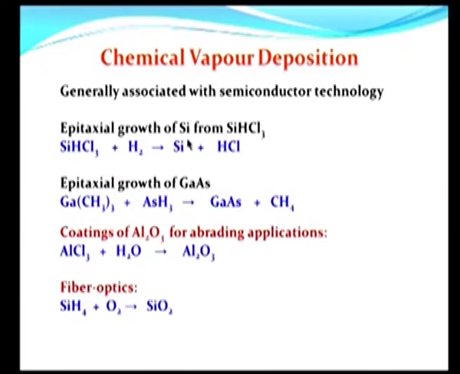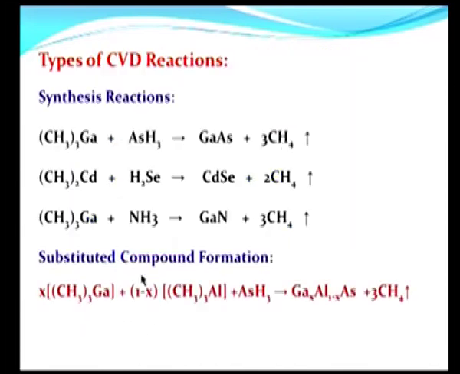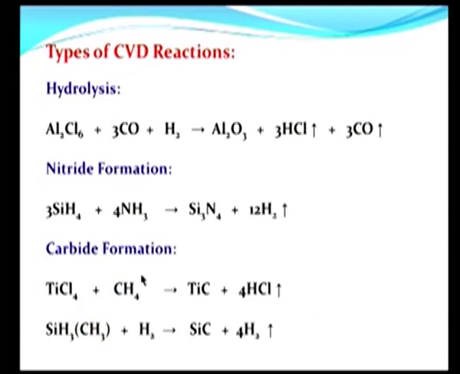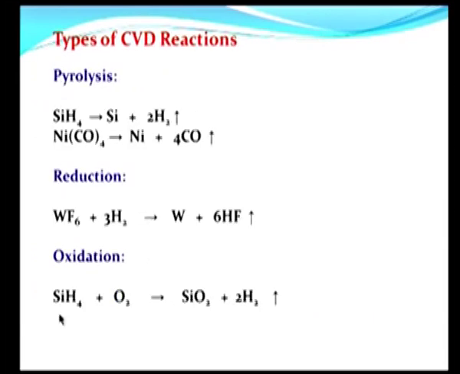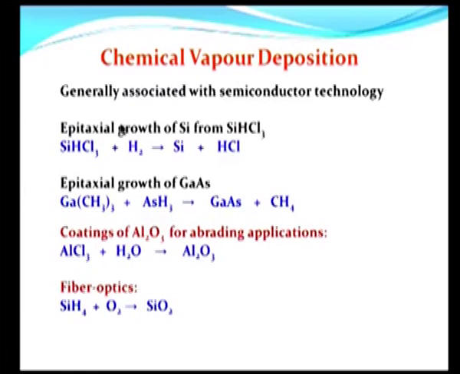What I have shown here is, there are numerous ways in which, for example, one can obtain silicon. This is trichlorosilane; as I showed previously, you can have silane directly giving us silicon, you can have trichlorosilane giving us silicon.